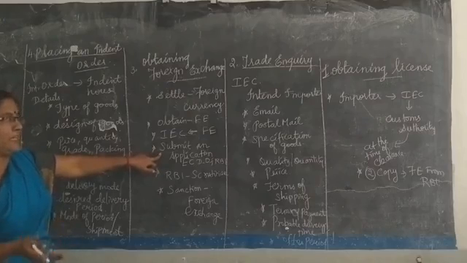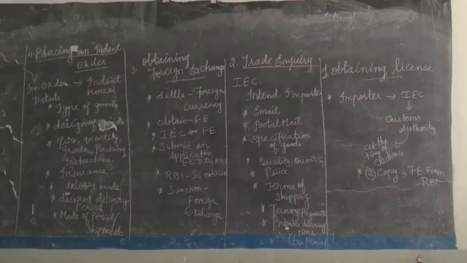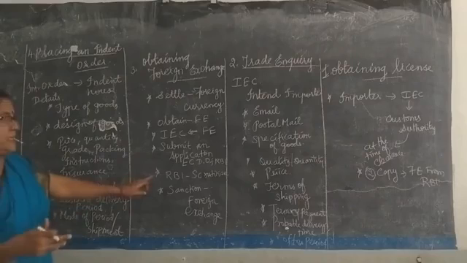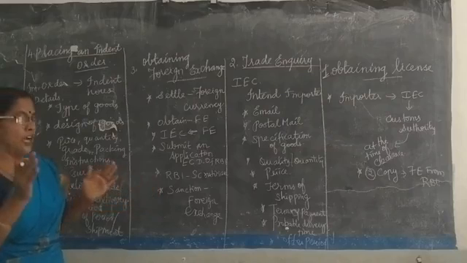So he must submit the IEC code along with the application form and the necessary documents to the Exchange Control Department of the Reserve Bank of India. There the importer must submit the IEC code and all the documents.